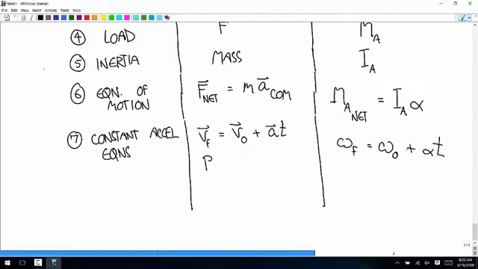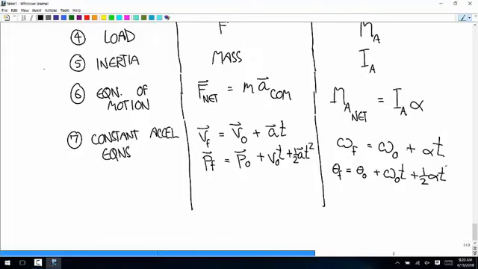For translational, P final vector is equal to P initial plus V initial times time plus 1/2 a t squared. And so what does the angular one say? Yep, exactly. So if you remember these analogies, you already have all this stuff stored in your brain. There's no reason to use more storage space.